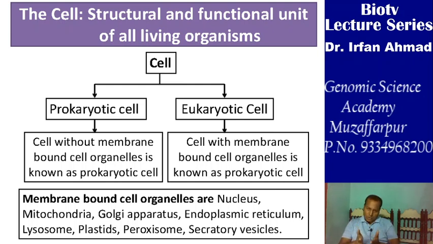In prokaryotic cells, there are no cell organelles, meaning thereby there is no nucleus, there is no mitochondria, there is no Golgi apparatus in the case of prokaryotic cells. But in the case of eukaryotic cells, all these cell organelles are essentially present.